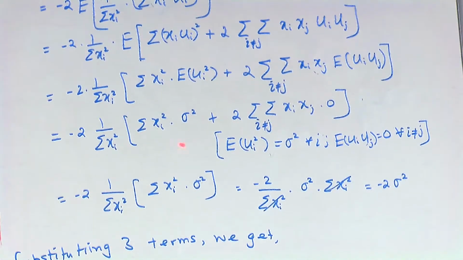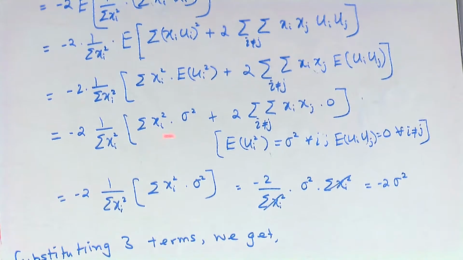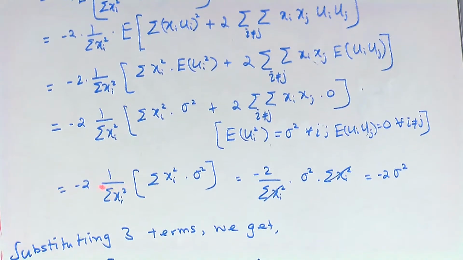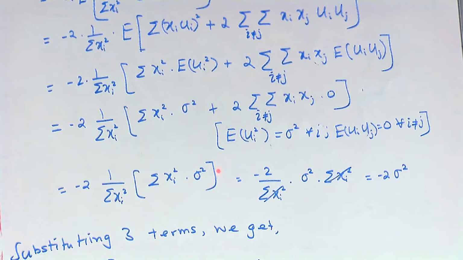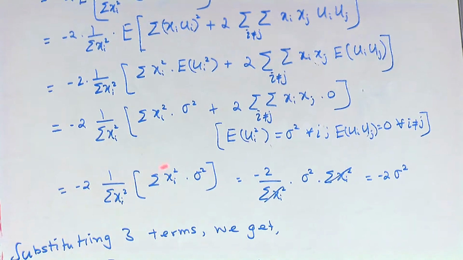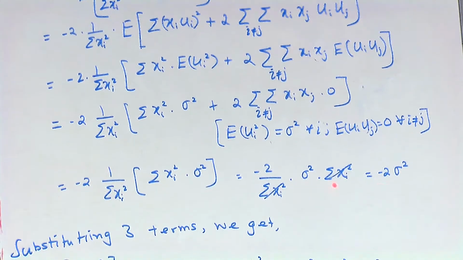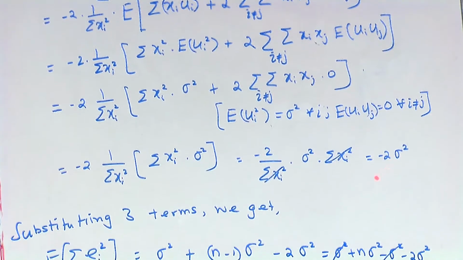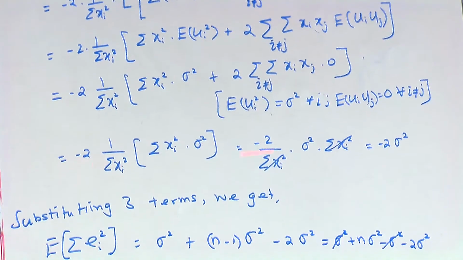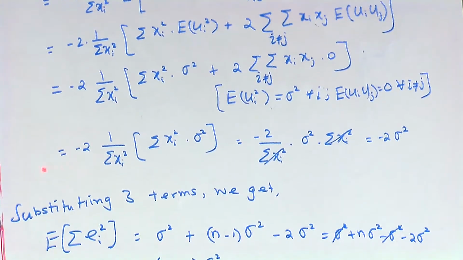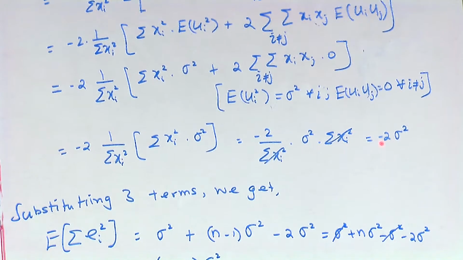So the second term will vanish, and only one term will remain. So we get minus 2 by sigma xi square into sigma square. We may cancel these two terms, sigma xi square, and we get ultimately minus 2 sigma square. This is the final value of the third term.